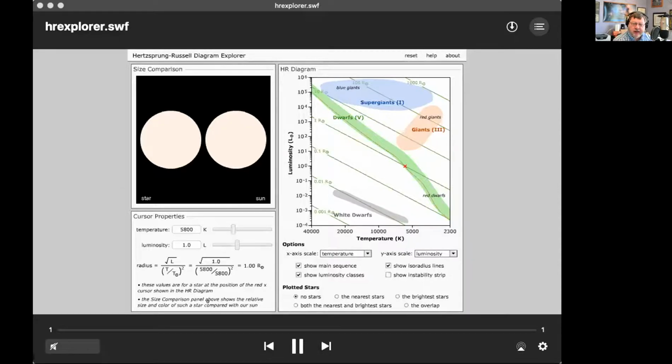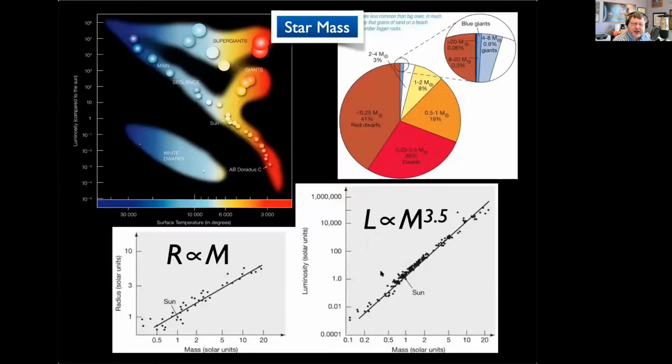Okay. So I'm spending a lot of time on this. Since these relationships were discovered, they now have a theoretical basis. But for the purpose of this course, this was just an observation. It's an observation that the regime on the HR diagram called the main sequence, where most of the stars spend most of their time, has these two correlations that are really good.